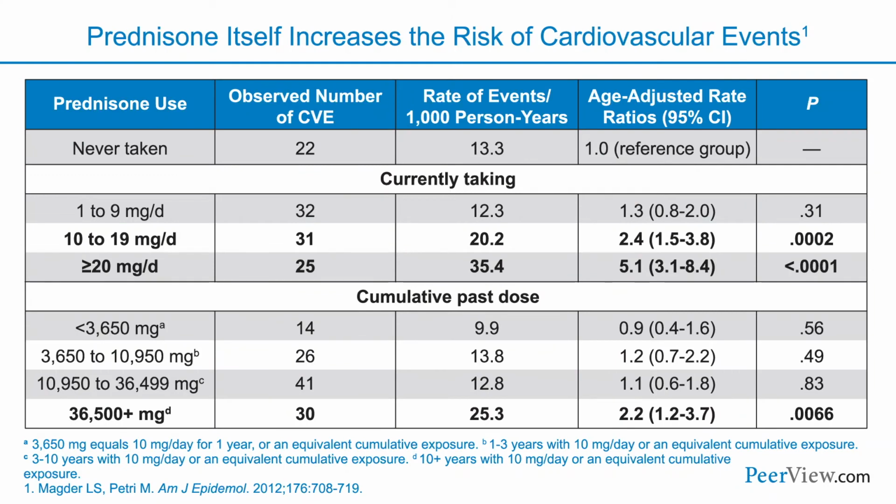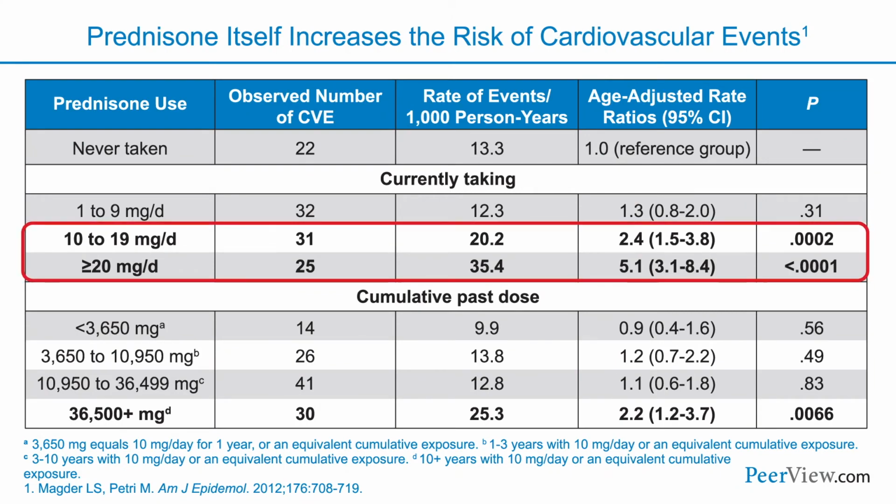Here is another analysis that we did showing that if the maintenance prednisone dose is 10 milligrams, the risk of a cardiovascular event goes up 2.4-fold, and if the maintenance prednisone dose is above 20 milligrams, the risk of a cardiovascular event goes up 5-fold.